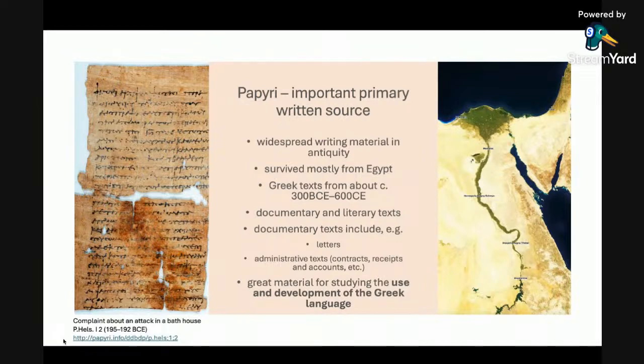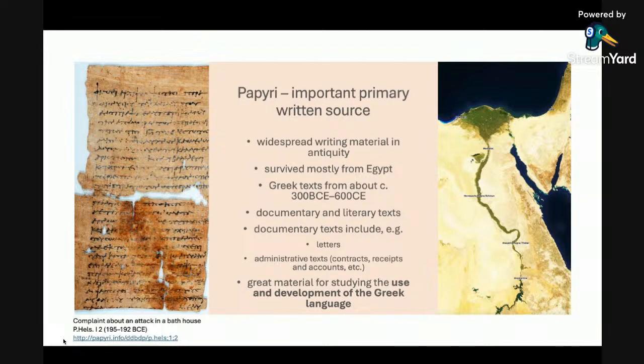So the written papyri form a historically very valuable source material. Papyri were used as lightweight writing material through the whole Mediterranean area, but since it was organic material, it did not survive in all of those places. So mostly our papyrus texts survive only from Egypt due to the dryness of the country.